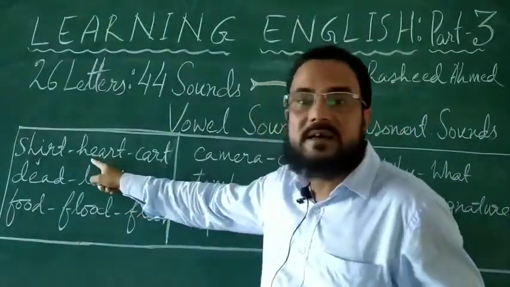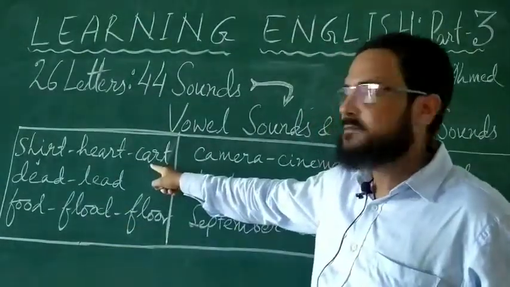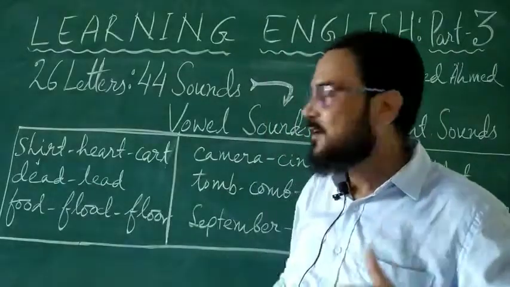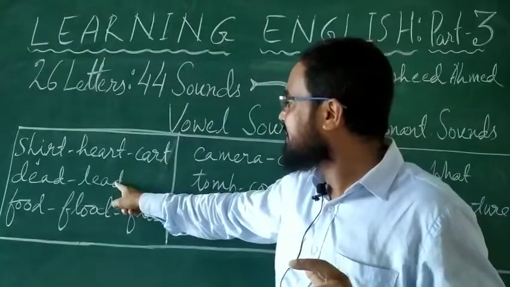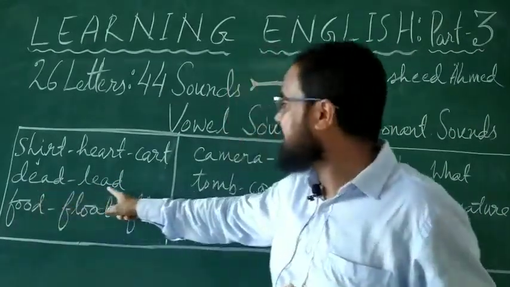You don't say heard, no. You say heart, cart. Then D-E-A-D, you call it dead. But this one is lead. If this is lead, this should be deed, but no. D-E-A-D, dead, L-E-A-D, lead.